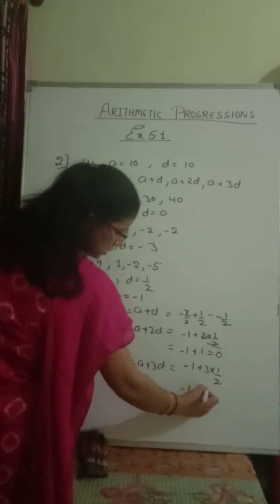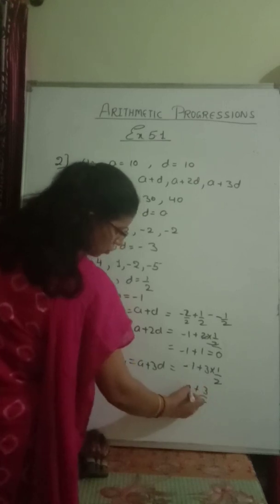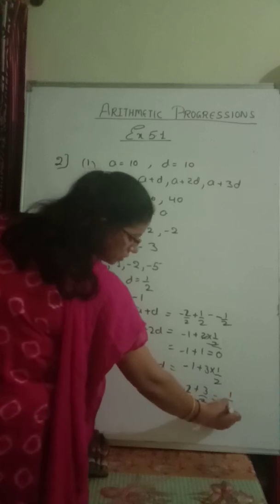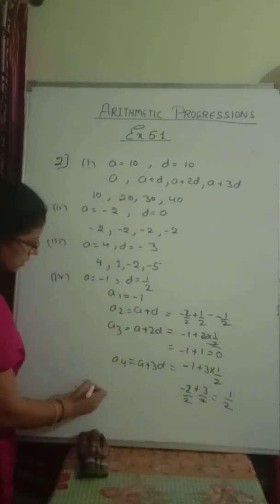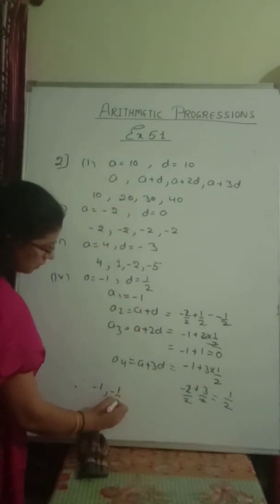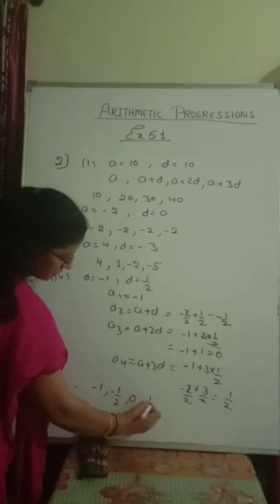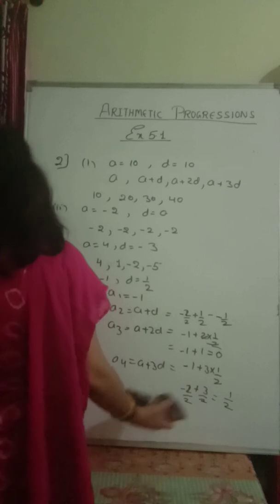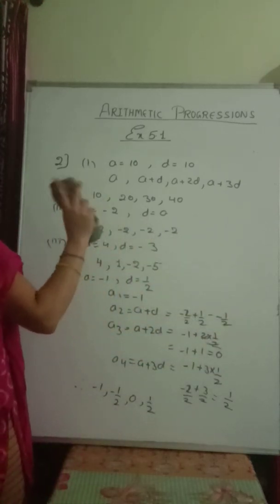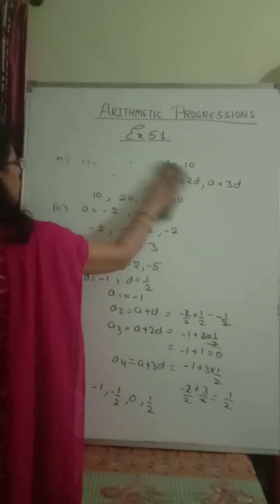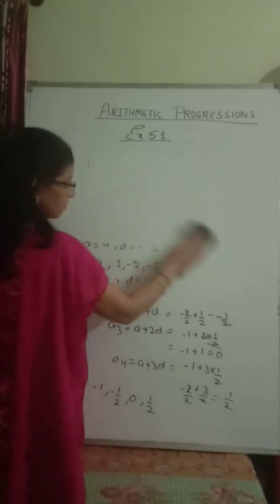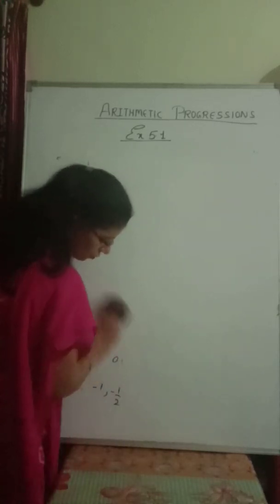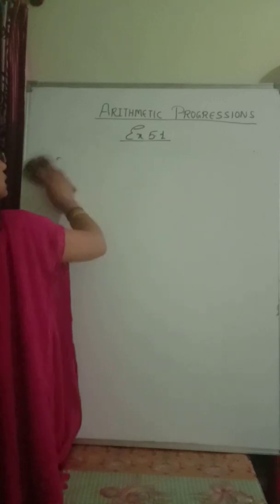Minus 1 plus 3 upon 2, multiplied by 2 and 2, gives 1 upon 2. So the series is minus 1, minus 1 upon 2, 0, 1 upon 2. These are the first 4 terms of the series. The fifth part you will do yourself in the same way. There is no difficulty; you have to add D again and again.